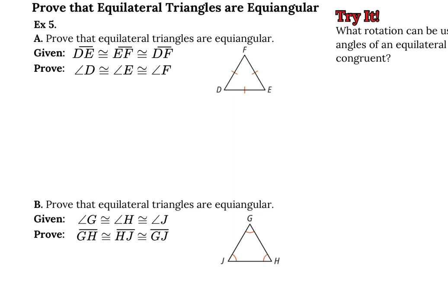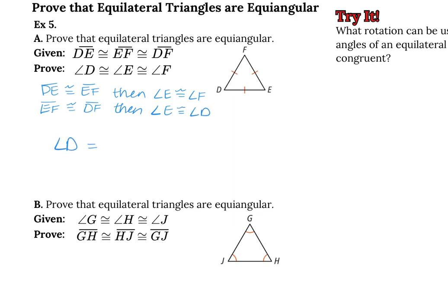Through our equilateral triangle theorem, we know that if DE is congruent to EF, then angle E would have to be congruent to angle F. And similarly, if EF is congruent to DF, then angle E would be congruent to angle D. Therefore, angle D would be congruent to angle E, would be congruent to angle F.